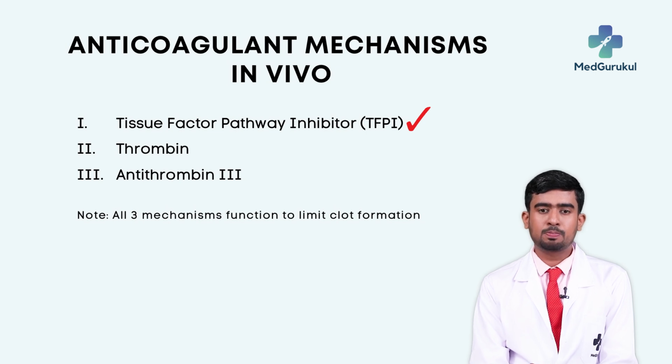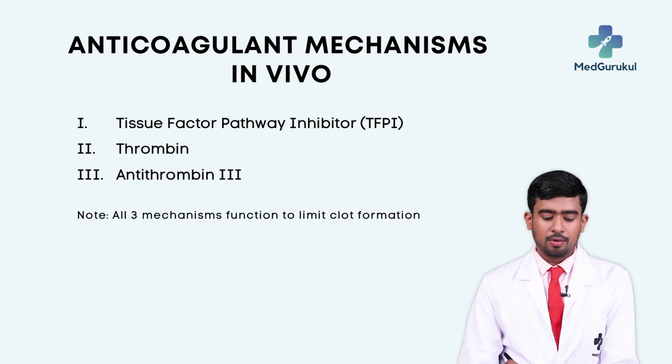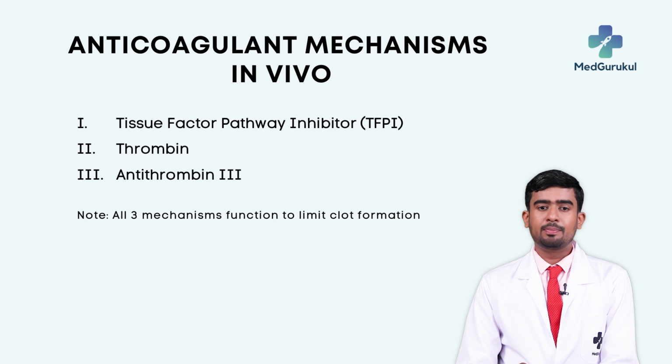That is why this pathway inhibitor is called tissue factor pathway inhibitor, and it inhibits the extrinsic pathway of coagulation. The second is thrombin thrombomodulin complex, and the third one is antithrombin 3 and heparin complex. And all of them will limit the clot formation within the blood vessels.